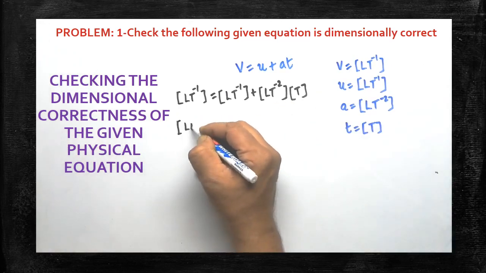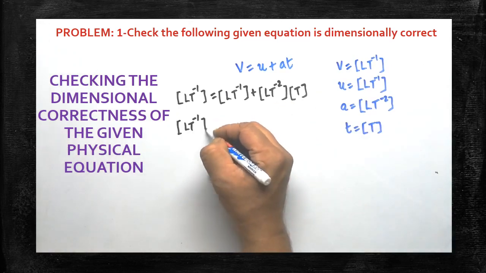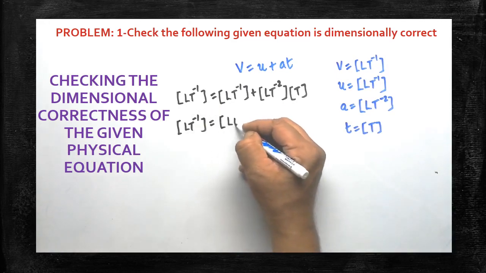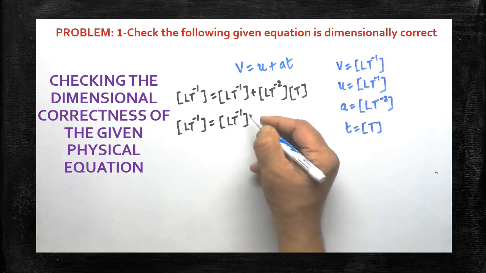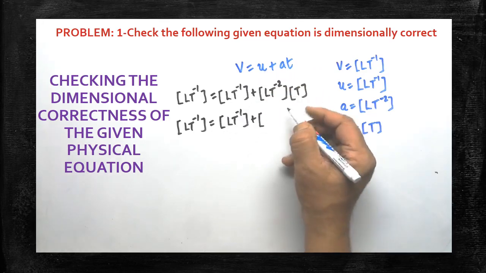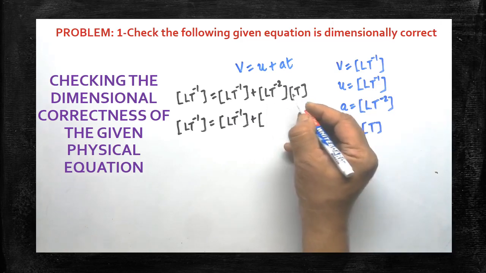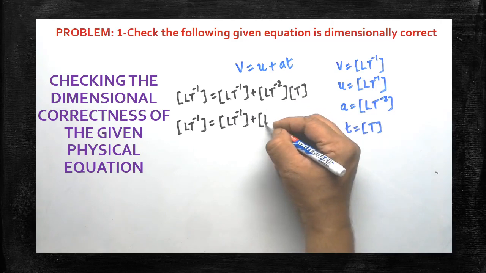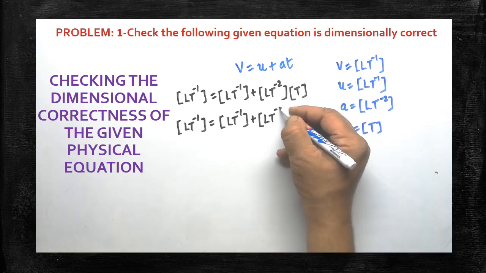Here, no need to change the LHS. Write the dimension of U as it is. Here L is there, here T power of plus 1 is there. If both are multiplied, you will get LT power of minus 1.